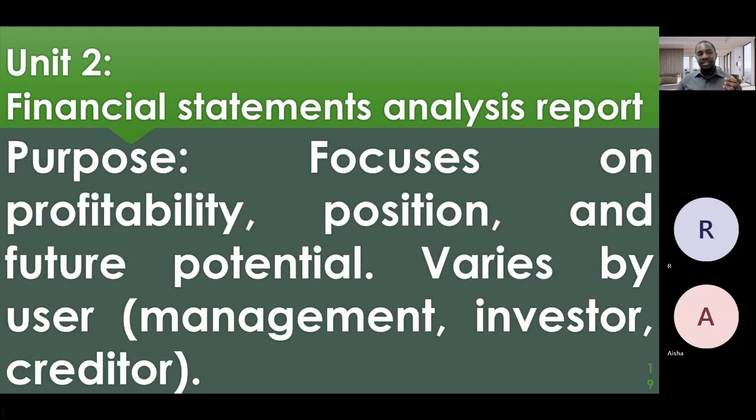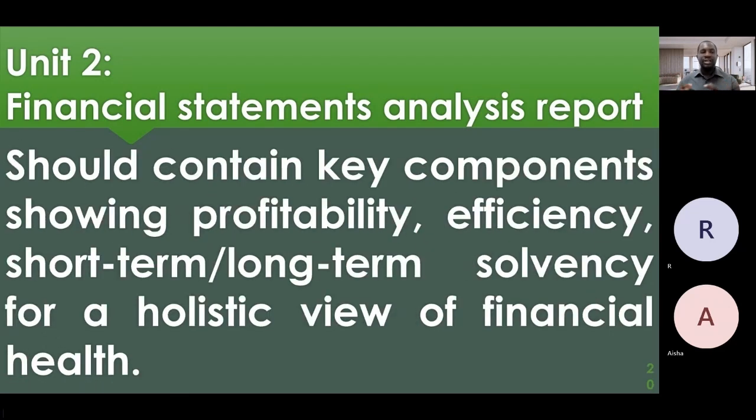So the key components of this report are that you need to show profitability, efficiency, short-term solvency and long-term solvency, then the investment perspective. For profitability, you speak to your ratios, gross profit margin, net profit margin.